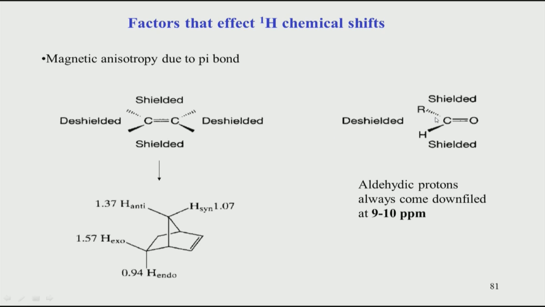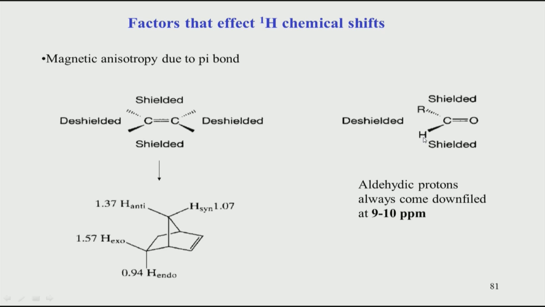Another very important functional group in chemistry is the carbonyl group, in aldehydes and ketones. Carbonyl, C double bond O, is a very anisotropic moiety. If you have any hydrogen coming on this side, it is in the shielded region, whereas this side is deshielded.